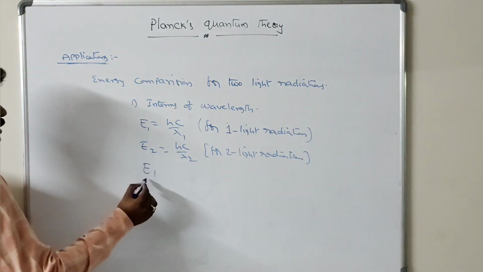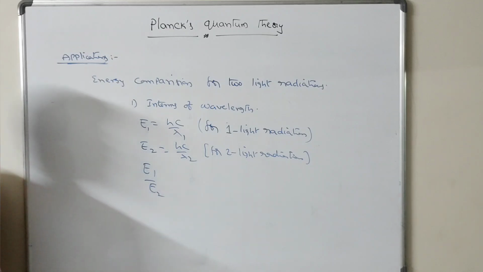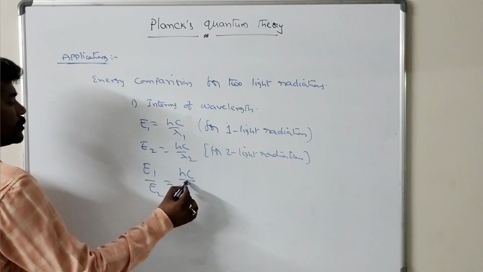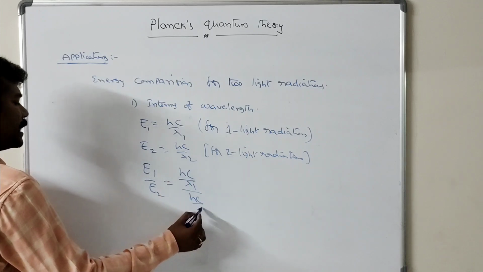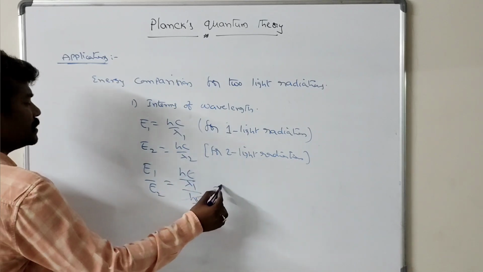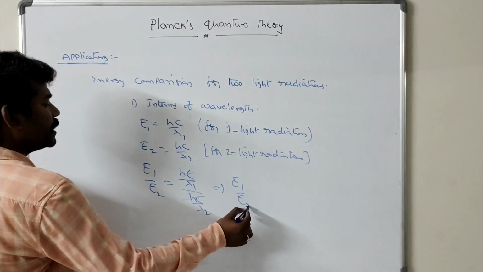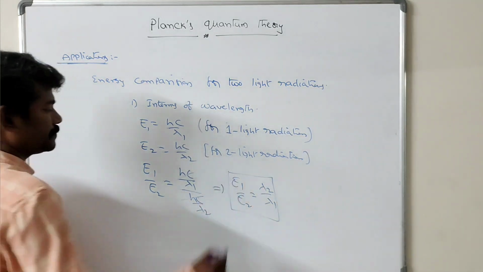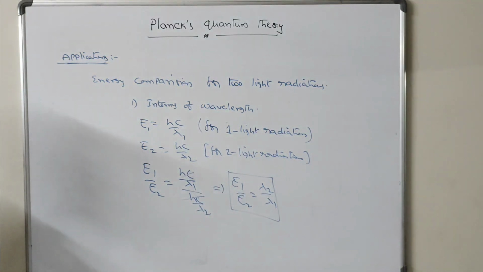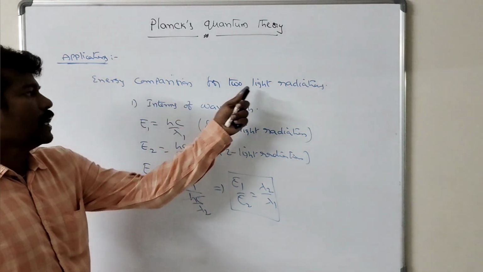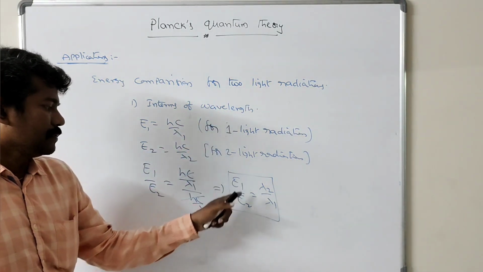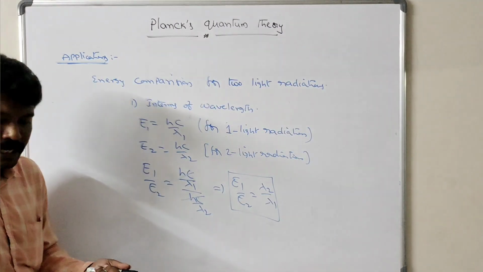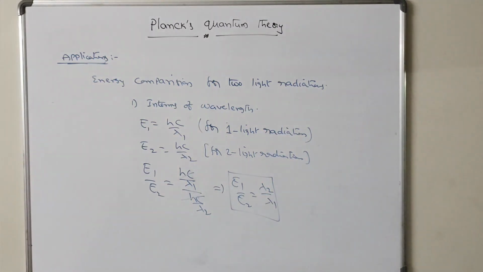The ratio of energies: h is cancelled and we get E1 by E2 is equal to lambda 2 by lambda 1. This is the comparison of two light radiations in terms of wavelength.